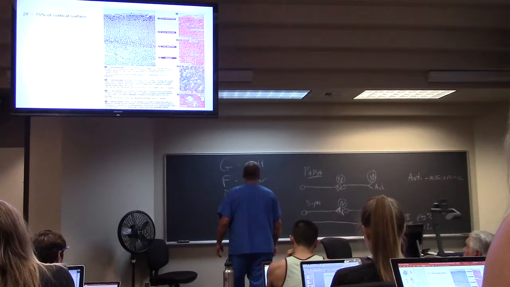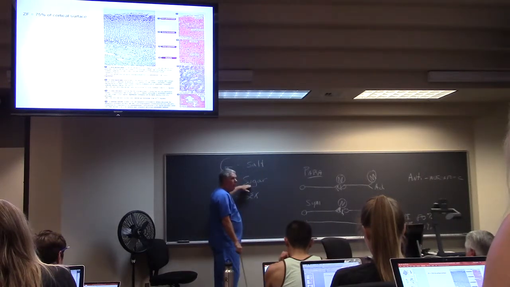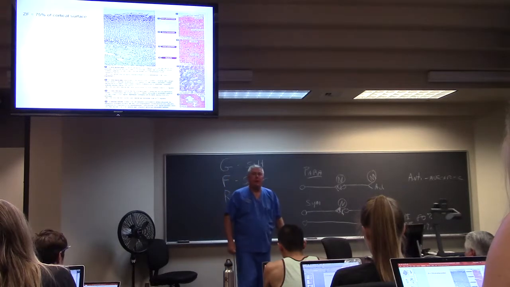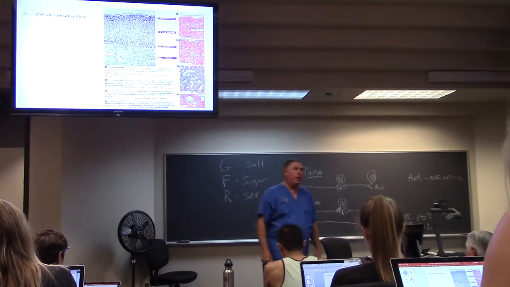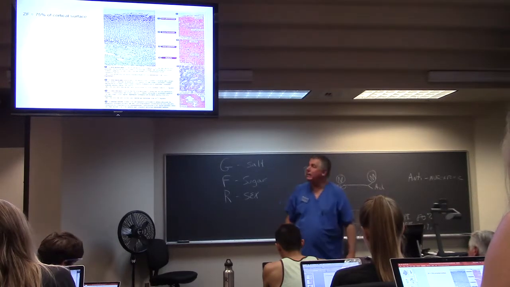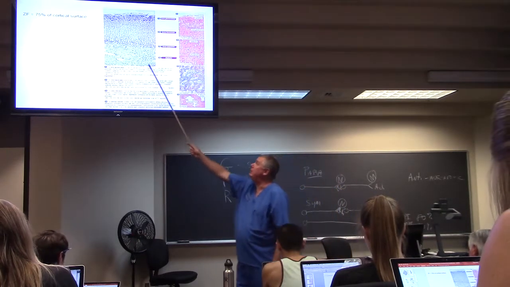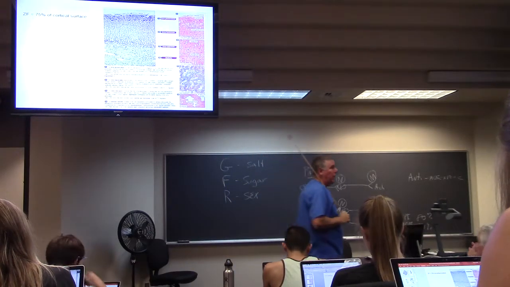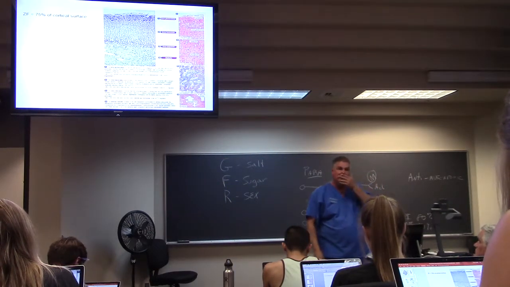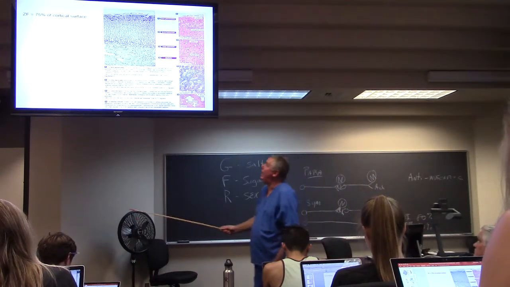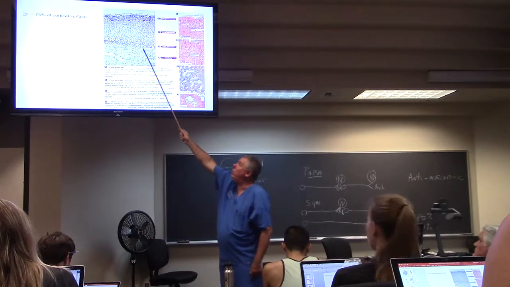Glucocorticoids have an effect on blood sugar. That's why it's sugar right here. And they're under the influence of ACTH alone. As is the reticularis layer, it's going to be secreting testosterone products, also under ACTH.